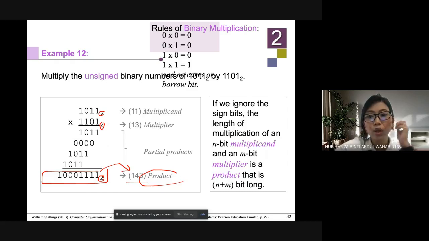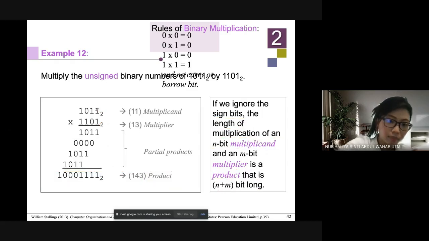So if we ignore the sign bit, the length of multiplication of n bit multiplicand and m bit multiplier is a product that is n plus m bit long. Kita nampak sini 1, 2, 3, 4 bit. Kalau kita tambah, kita akan dapat bit yang sama, 4 dapat 4 lah.